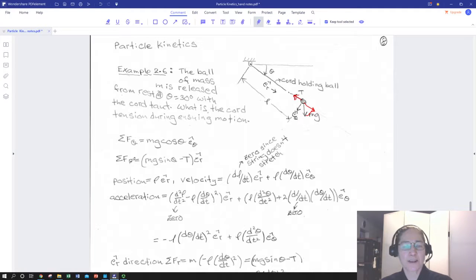The sum of the forces in the r hat orthogonal direction is mg sine theta minus T, and looking in the theta hat direction, I only have one force resultant, and that's my mg cosine theta, going this way. Okay, so this is the resultant from my FBD. Here's the sum of the forces in those two orthogonal directions.